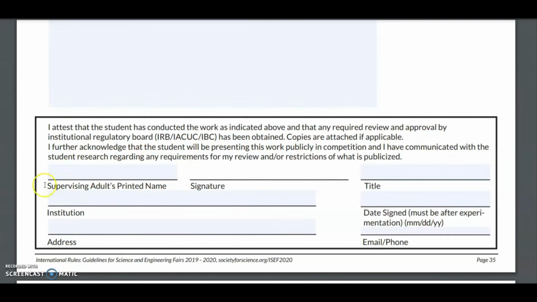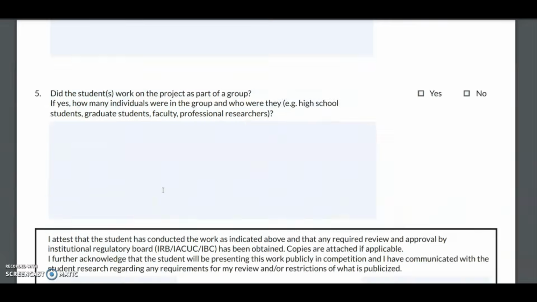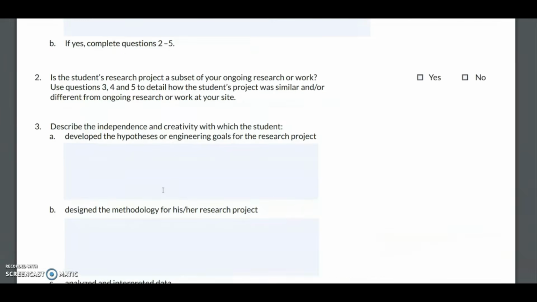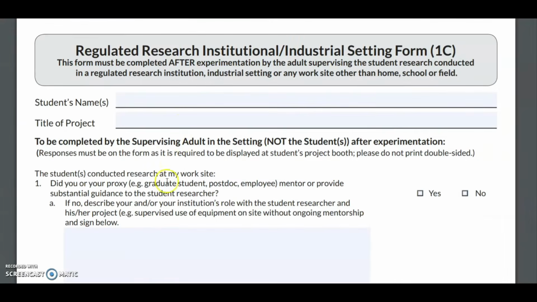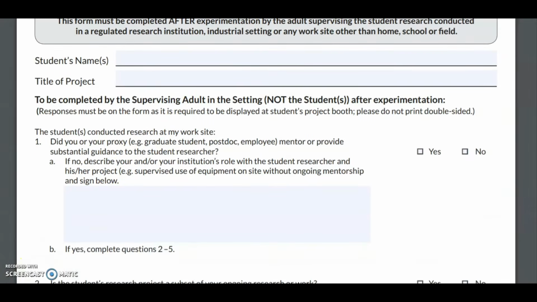And this should be completed with the supervising adult's printed name, signature, the title, the institution, and the address, and of course, the date signed. Please, the date signed should be after experimentation. Okay, so that's all for Form 1C. Again, Form 1C should be completed after experimentation.